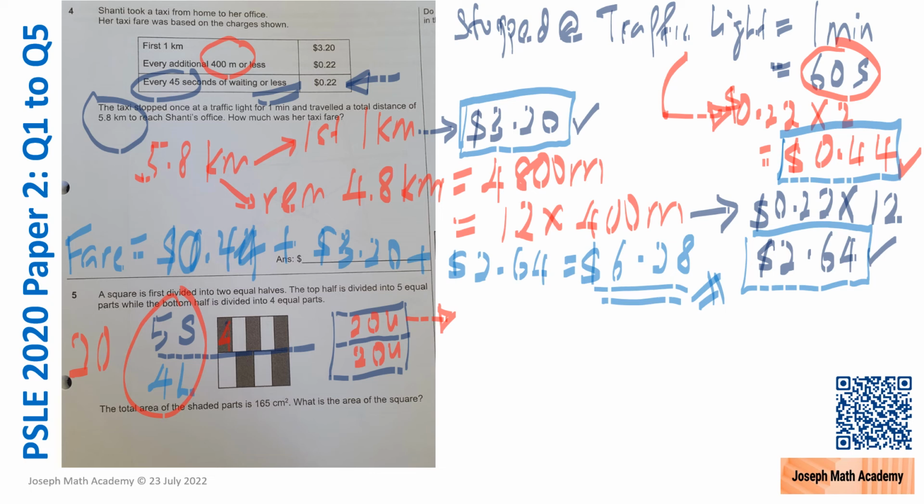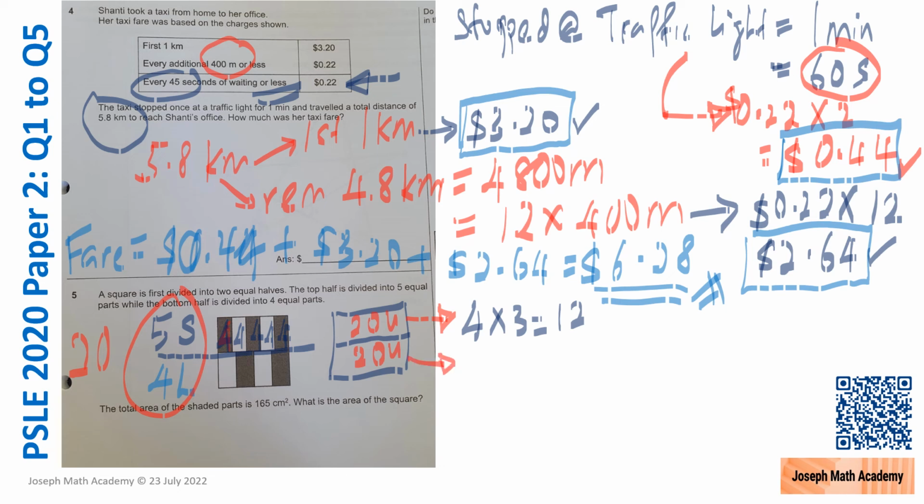This is 4, 4, 4, 4, 4. 4 times 5 gives us 20. So that means there are 3 small rectangles shaded, each 4 units. So 4 times 3 is 12 for the upper half of the square.